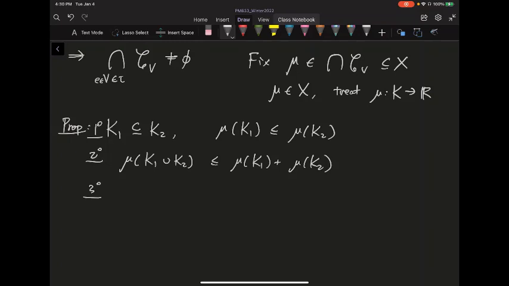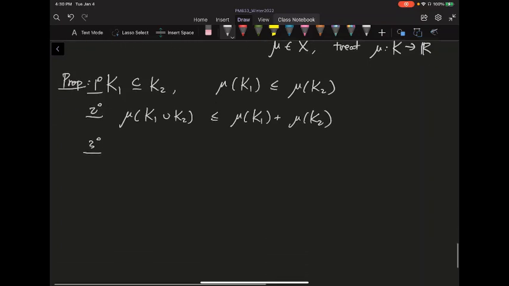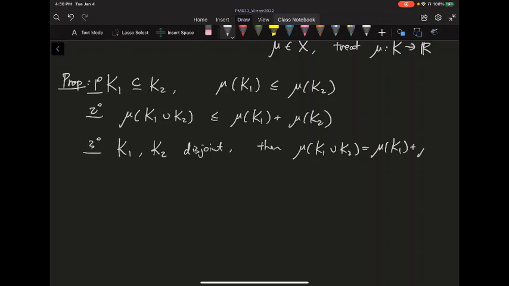Since we're now taking the limit, the idea is that hopefully this mu is actually additive for disjoint compact sets. So if I have K1, K2 disjoint, then mu of K1 union K2 is actually additive, so it's mu of K1 plus mu of K2. That's what we're going to prove.